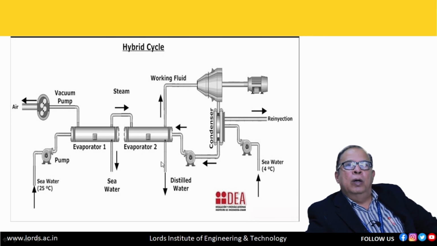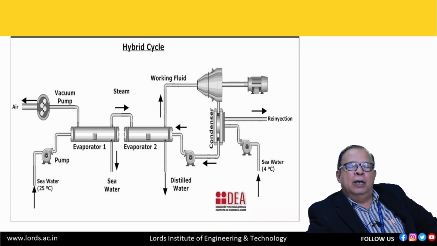As I told you, we can get the distilled water or pure water. The steam which has been condensed here can be used as distilled water. So this hybrid cycle is using both the technology of open cycle and closed cycle to generate electrical power as well as fresh water.